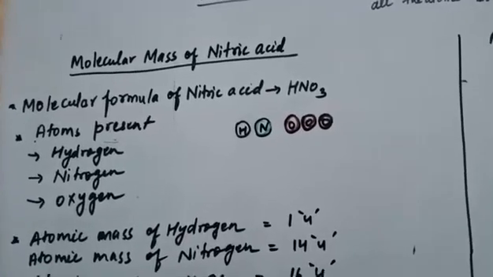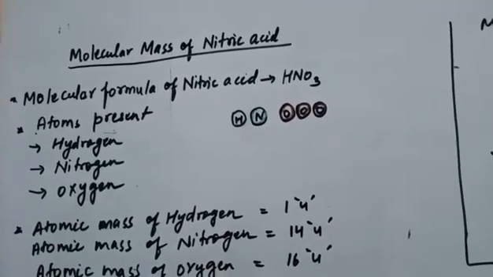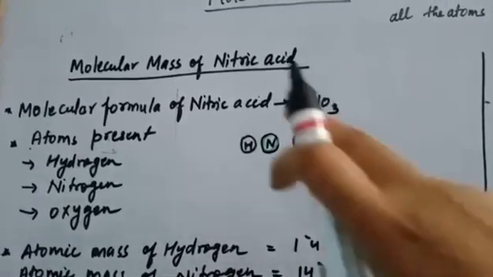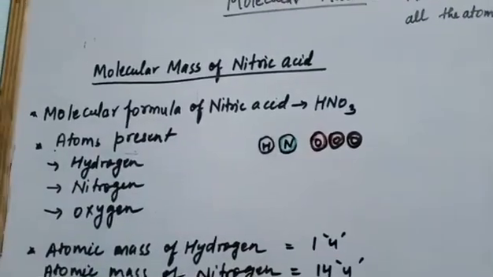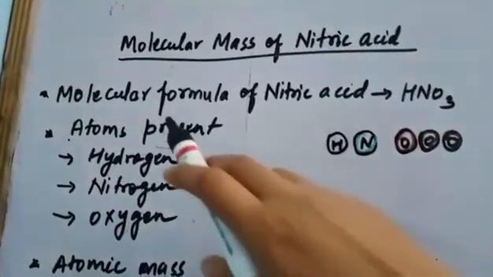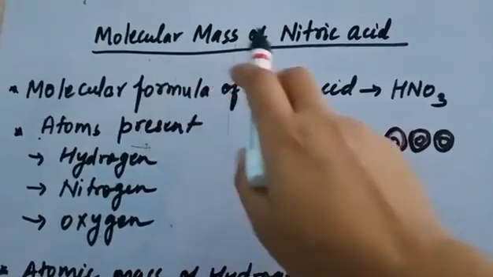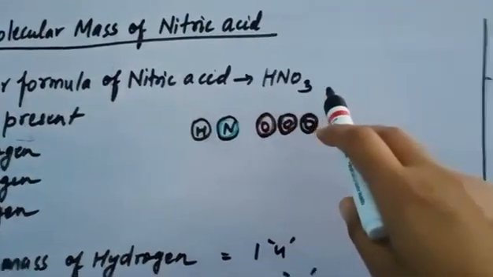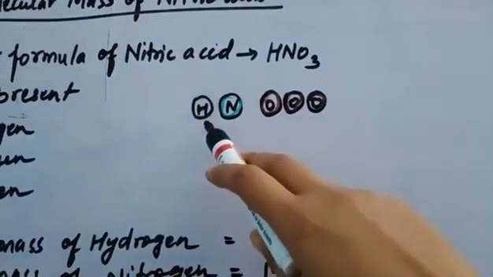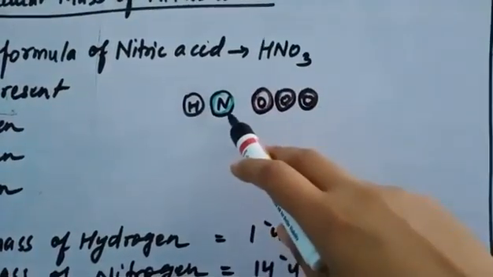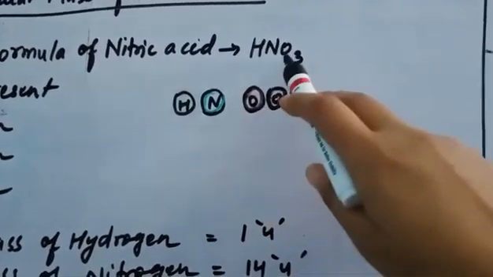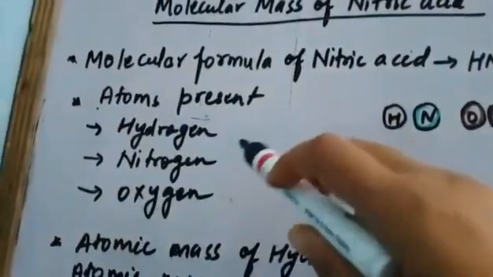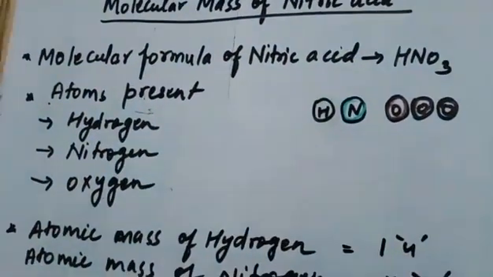Now we will see the molecular mass of nitric acid. How do we find the molecular mass, or mass of one molecule, of nitric acid? For that we should first know the molecular formula of nitric acid. The molecular formula of nitric acid is HNO3. That means it contains one atom of hydrogen, one atom of nitrogen and three atoms of oxygen. So the atoms present are hydrogen, nitrogen and oxygen.